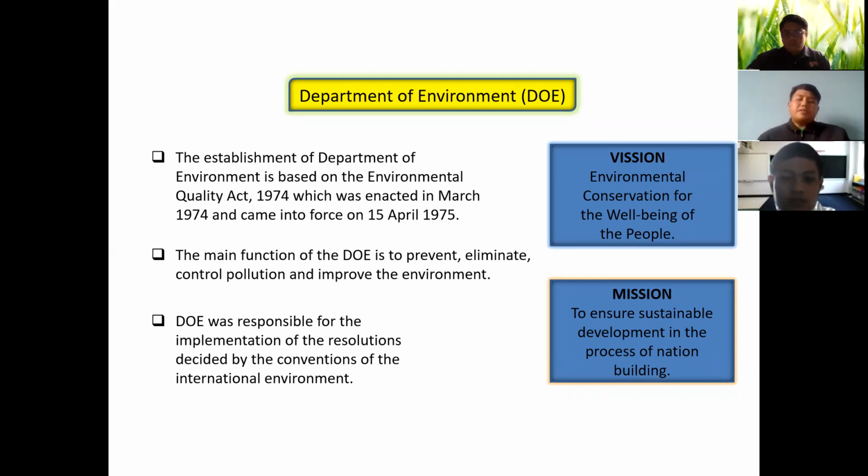The Department of Environment is also responsible for the implementation of the resolutions decided by the Convention of the International Environment. The vision of DOE is environmental conservation for the well-being of the people, while the mission is to ensure sustainable development in the process of nation building.